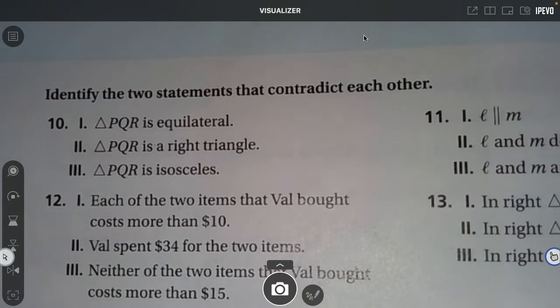So this one says that the triangle is a right triangle, and this one says that the triangle is isosceles, that two sides are the same. So what do you think cannot happen at the same time? Isosceles and equilateral. Two sides are the same, and then three sides are the same.